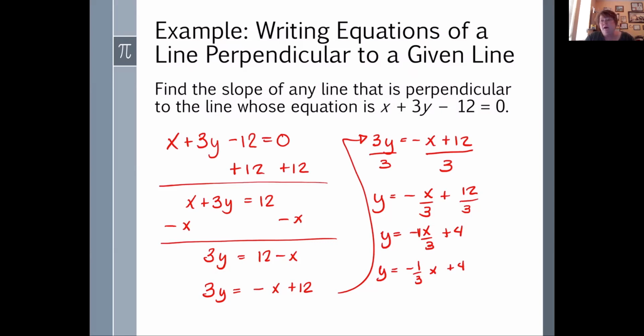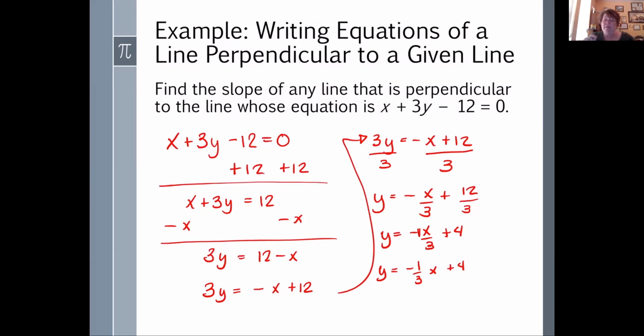So how do we find the slope of a line that's perpendicular to that line? Well, the slope of the line that we're given times the slope of a line perpendicular is going to equal -1. And we saw from that graph that we had when we rotated a line 90 degrees to get a perpendicular line, what we did with the slope is that we found the reciprocal, we flipped it over, and we changed the sign.